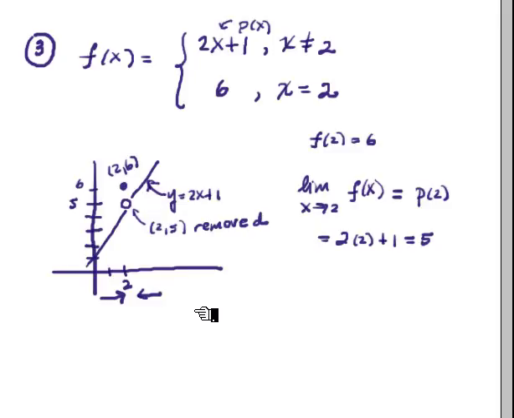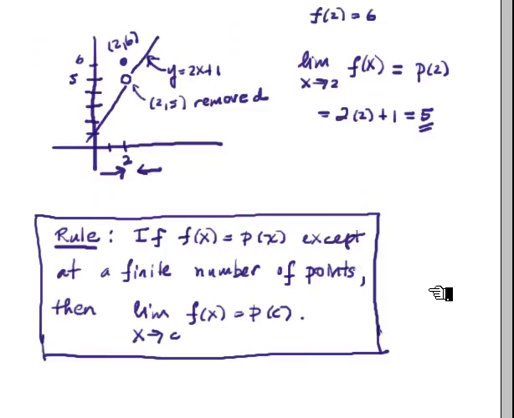So it makes sense that the limit should be 5. And we have a basic limit rule that says that if f of x is equal to a polynomial except at a point, then we take the limit by substituting into that polynomial. And here's the rule that we used for that previous example.